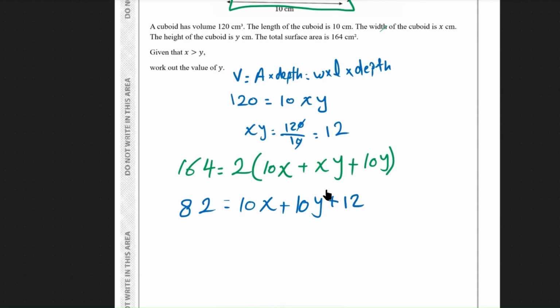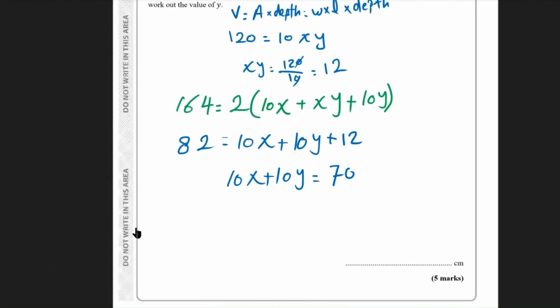And now we can bring 12 to the other side. If it's added, it goes to the other side as subtract. So 82 take away 12 would be 70. So 10x plus 10y equals 70 here. And since 10 is repeated in both terms, we can factorize it, and this would be easier for us afterward.